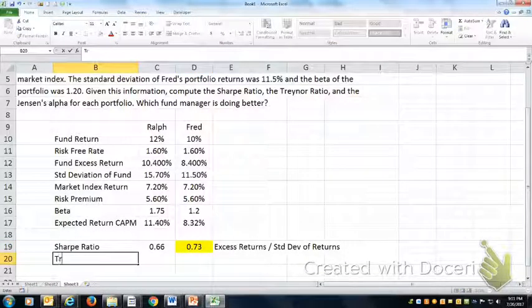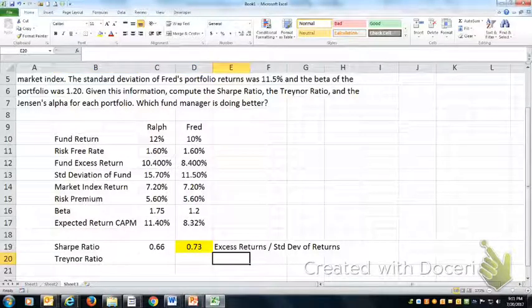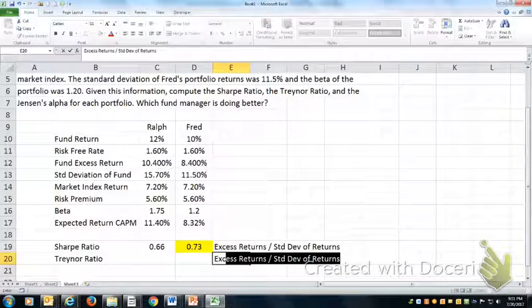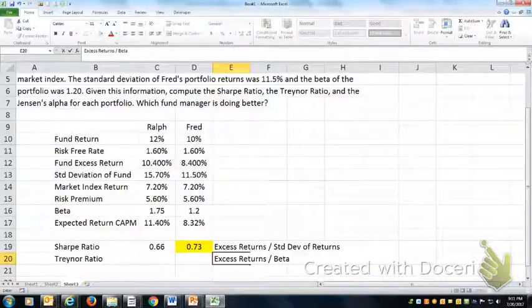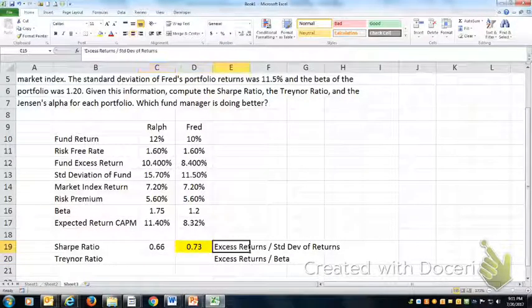If I go to the Treynor ratio, it makes an adjustment by taking the excess returns and dividing them by the beta of the portfolio, which is a measure of the systematic risk. The Sharpe ratio is measuring the excess returns by the total risk.